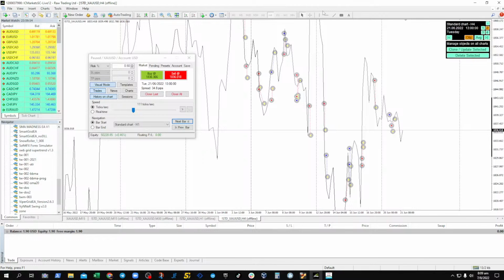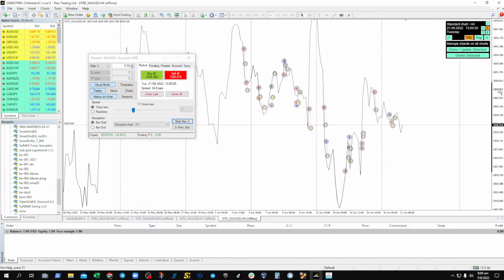On H4, let's mark the SNR level. If we see here, price is actually making a bull flag. But this bull flag has not broken up, so price is still ranging.